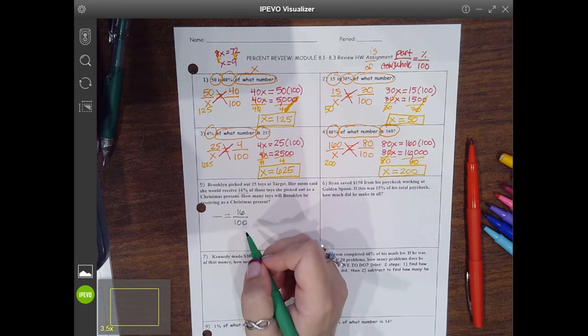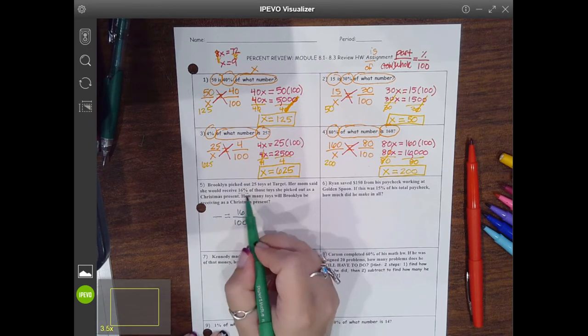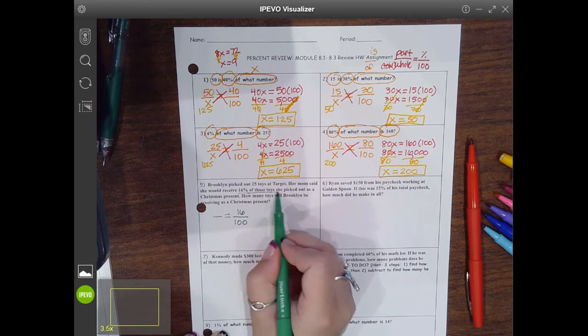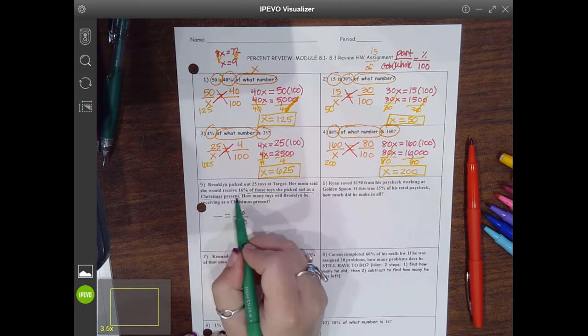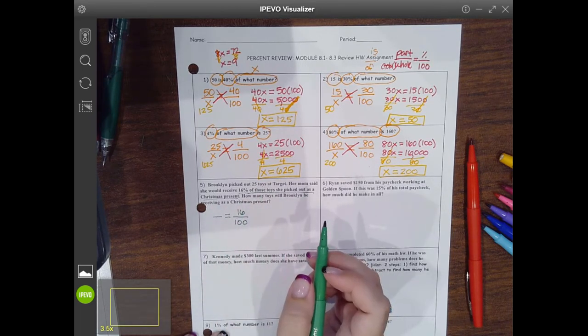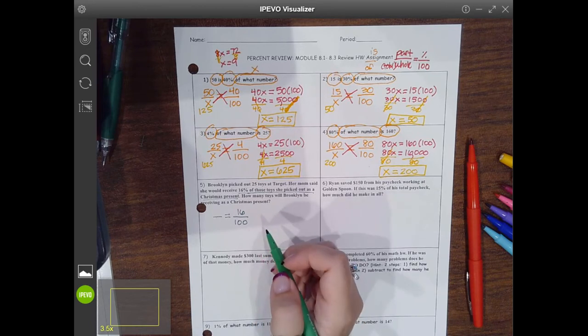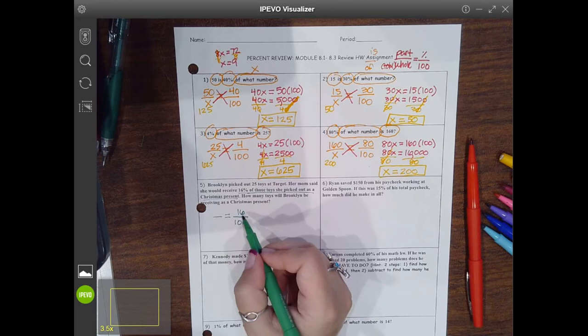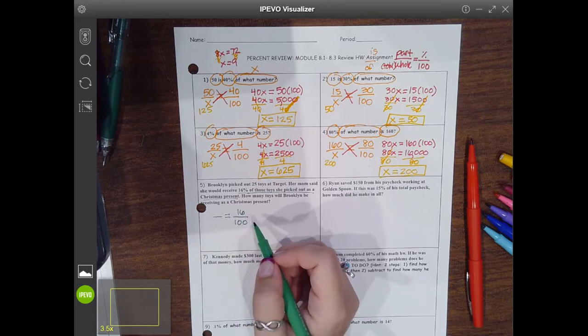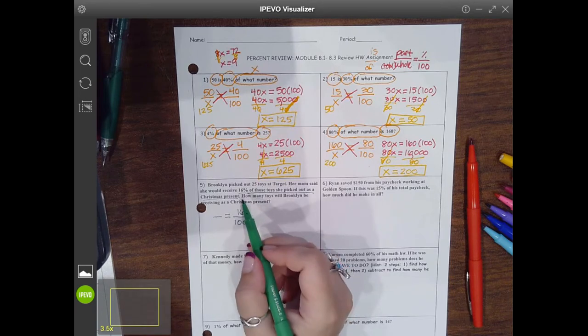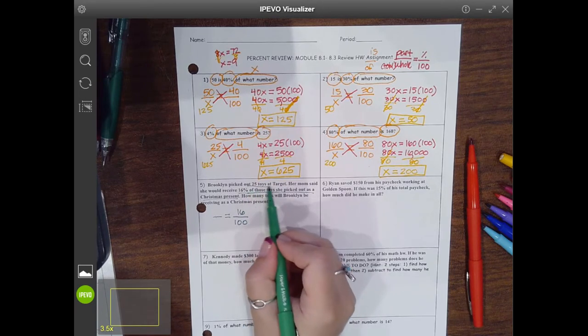Now, what is the percent talking about? It's talking about 16% of those toys she picked out as a Christmas present. Of the total toys she picked out, she's only going to be able to keep 16% of them. Do I know the total or the part? Well, it says Brooklyn picked out 25 toys at Target.